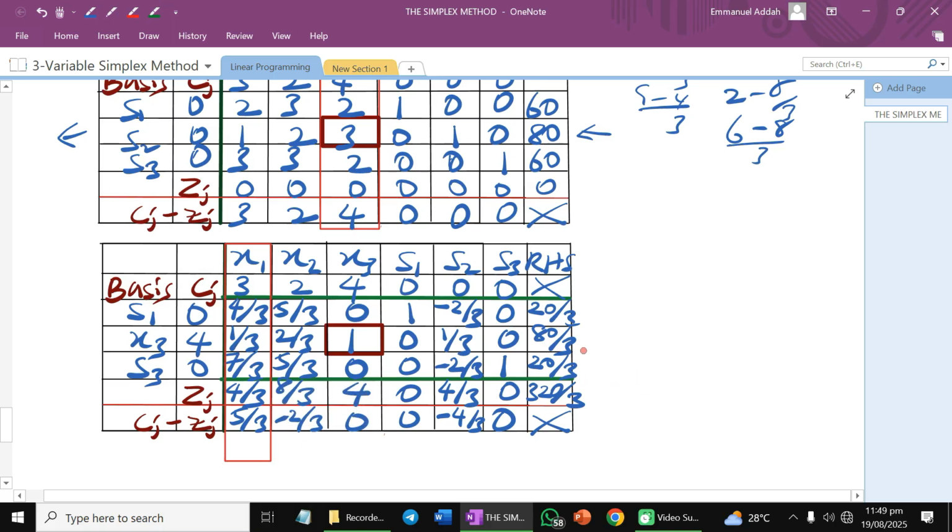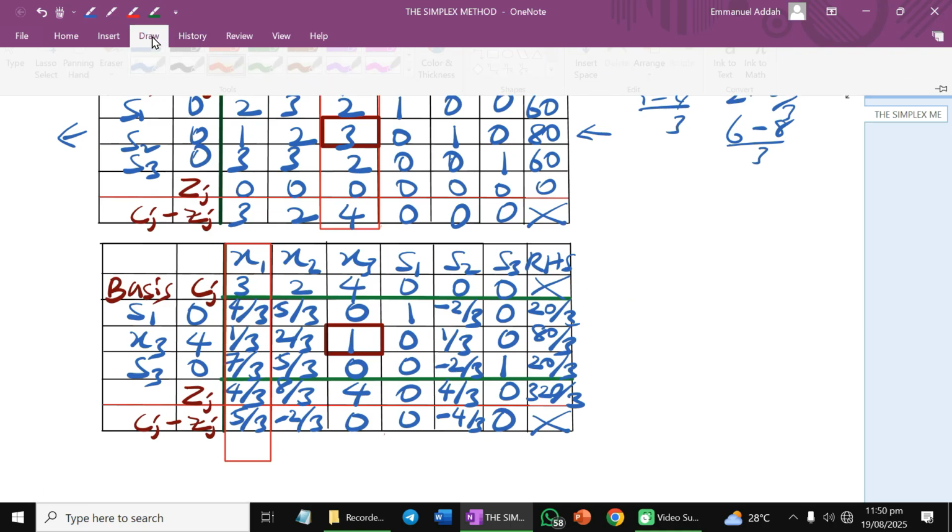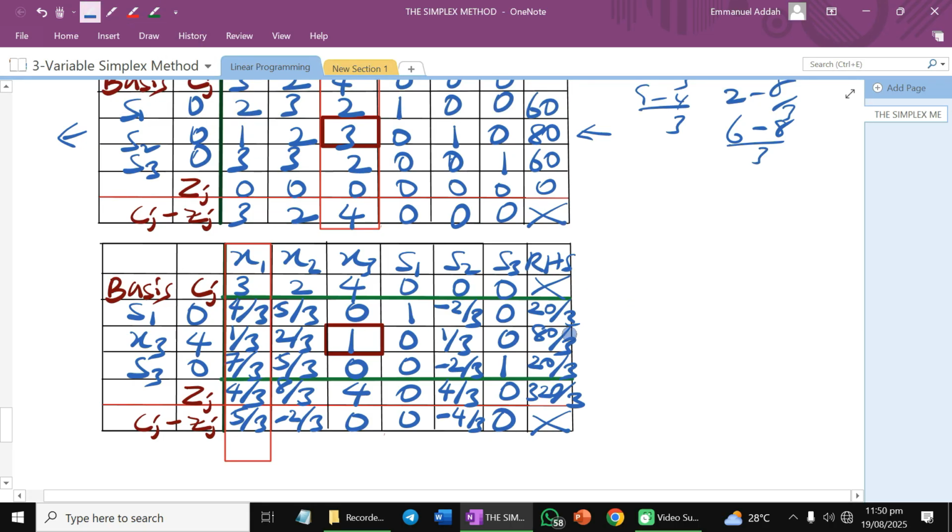Then after that, you come to the right-hand side. You divide each right-hand side by the elements in the pivot column, and you take the least ratio. Here, this is the ratio.